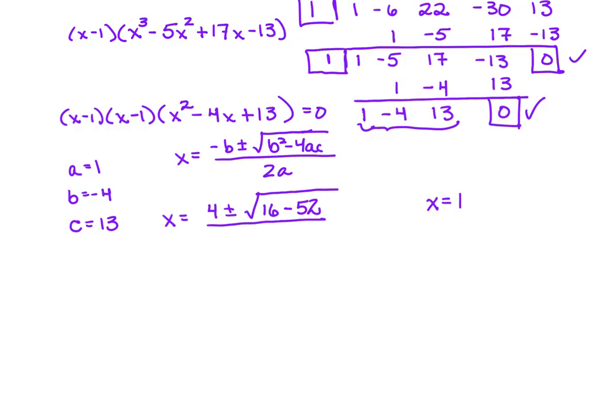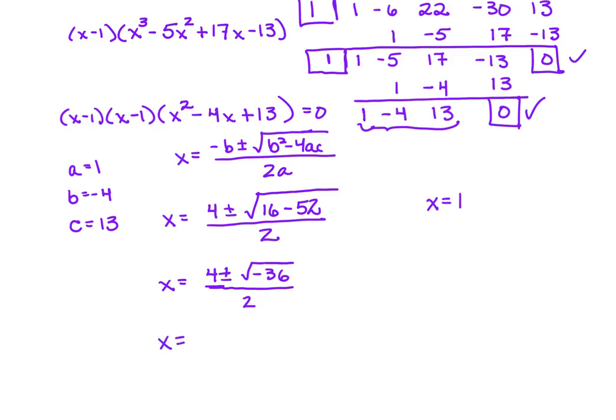All over 2. All right, we simplify inside our square root. If we get 16 minus 52, I believe we get negative 36, sorry, negative 36 over 2.